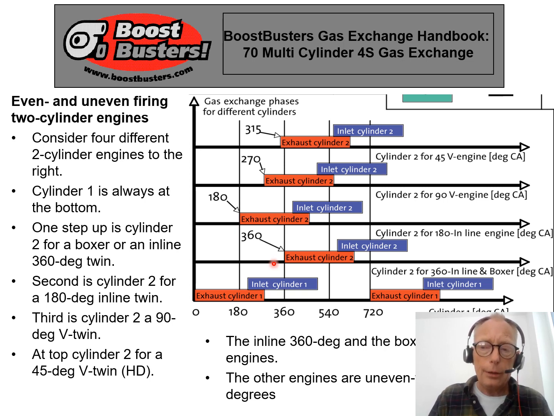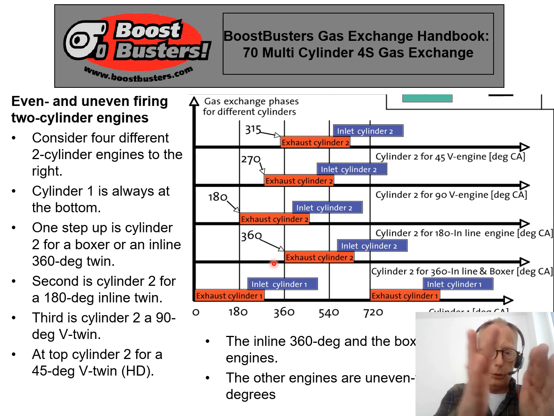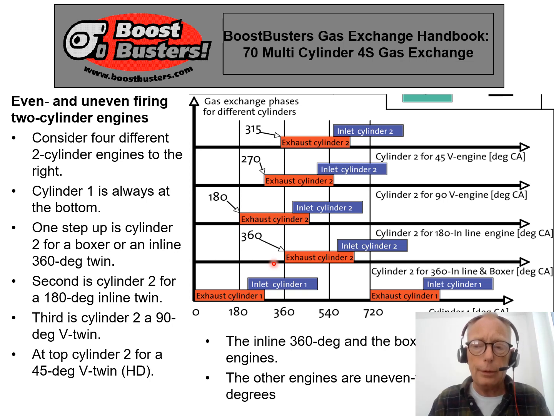The other firing order which obtains this very nice situation would be the opposed piston engine or the boxer engine. It's also separated 360 degrees. Vibration-wise, a better situation because the pistons' inertia, to some extent at least, take out each other.